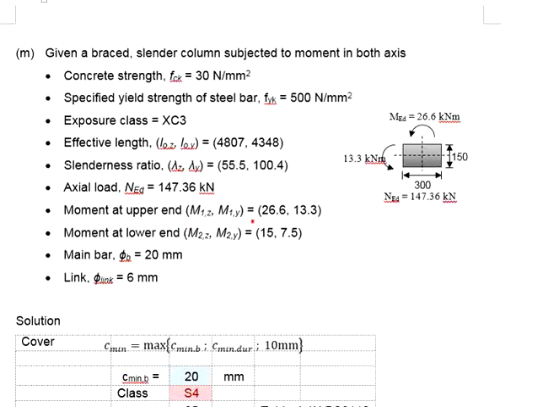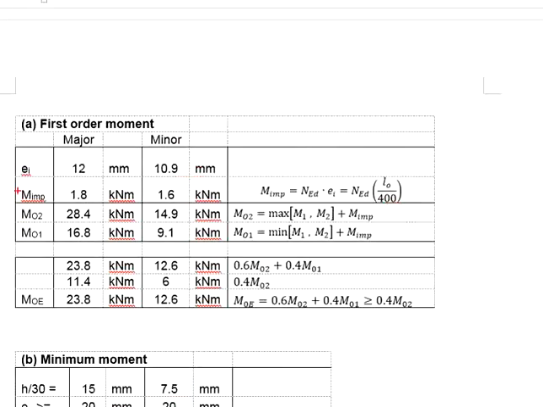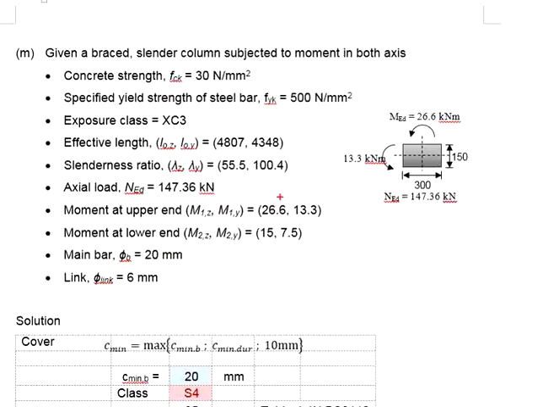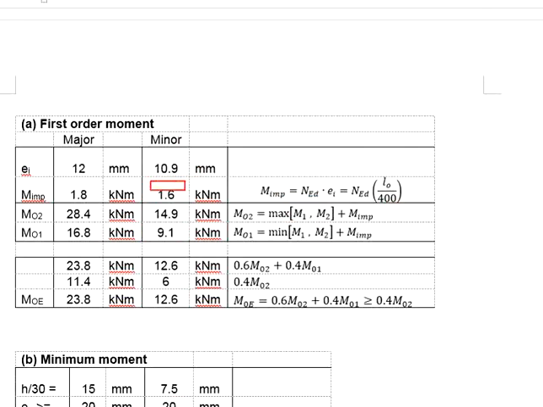As for the smaller major axis moment, which is 15, plus M due to the imperfections, you get M01 of 16.8. You will do the same for the minor axis using 13.3 and 7.5 kNm plus the M due to imperfections 1.6 kNm. With that, you have obtained M01 and M02.